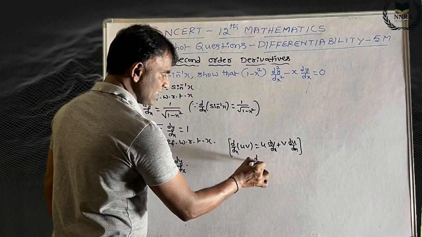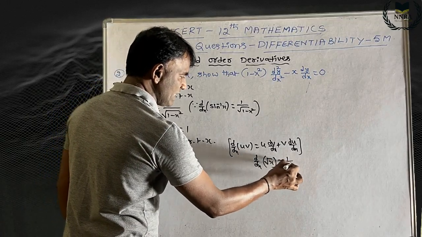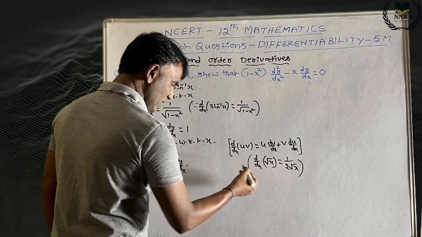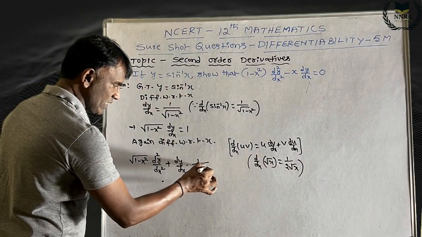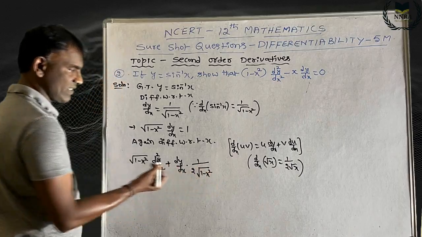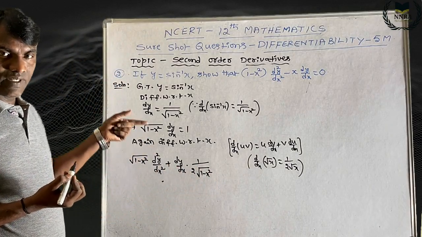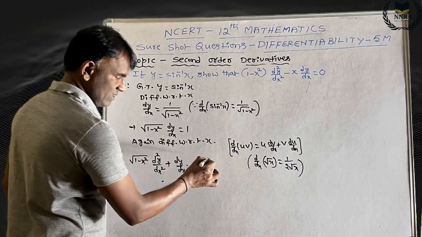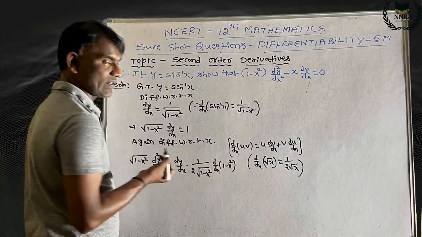And the derivative of root of 1 minus x square. So generally d by dx of root x means 1 by 2 root x, right? So by using same formula, this can be written as 1 by 2 into root of 1 minus x square. But it is not x, na? So again we have to differentiate that under square root value. What is that? 1 minus x square.